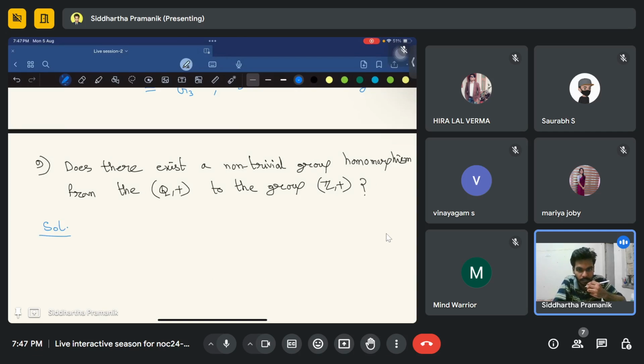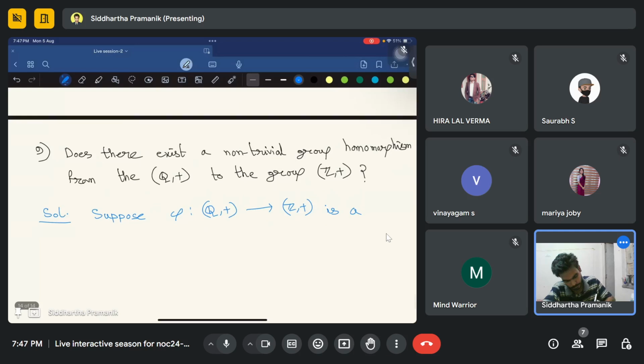Okay, so let's try to see what will happen when there exists a non-trivial group homomorphism. Suppose phi from (Q, +) to (Z, +) is a non-trivial group homomorphism.